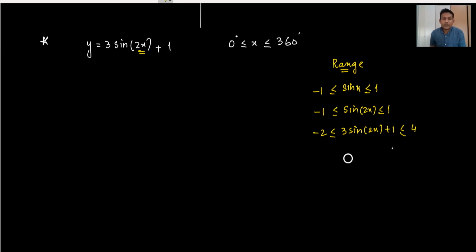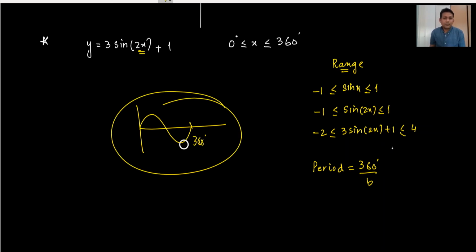Second thing, change your domain. What we have to do here is the period. Normally the period means 360 degrees divided by b. Normally the sketch of sine, when you draw the sketch of sine, it ends at 360 degrees. This is called the period of sine, which is 360 degrees, and b is 1 in this case.